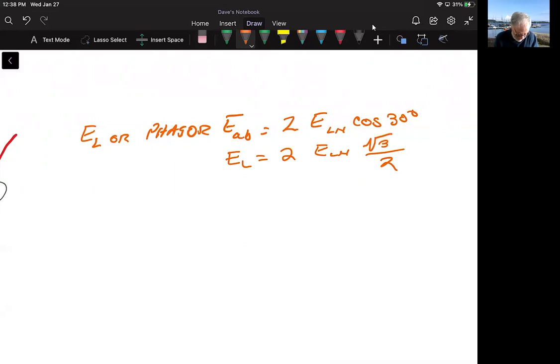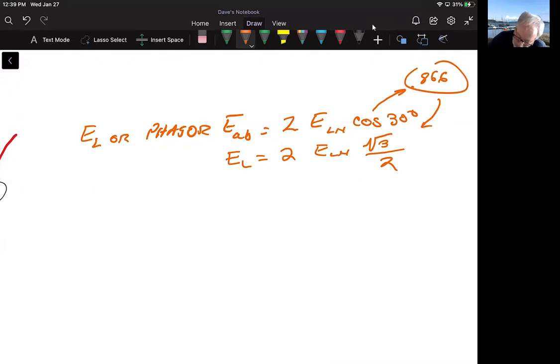So if I have the square root of 3, which is 1.73, divided by 2, I get this 0.866, which is the same thing as the cosine of 30 degrees. So it's just another way to write 0.866. Why would I do that?